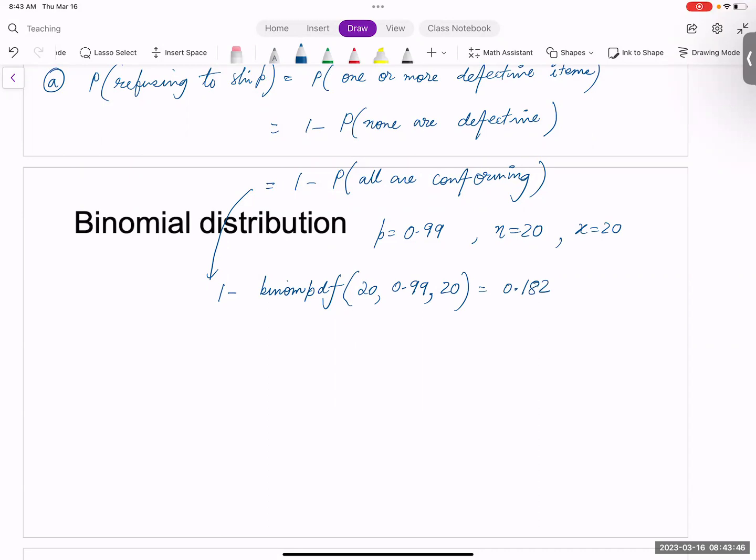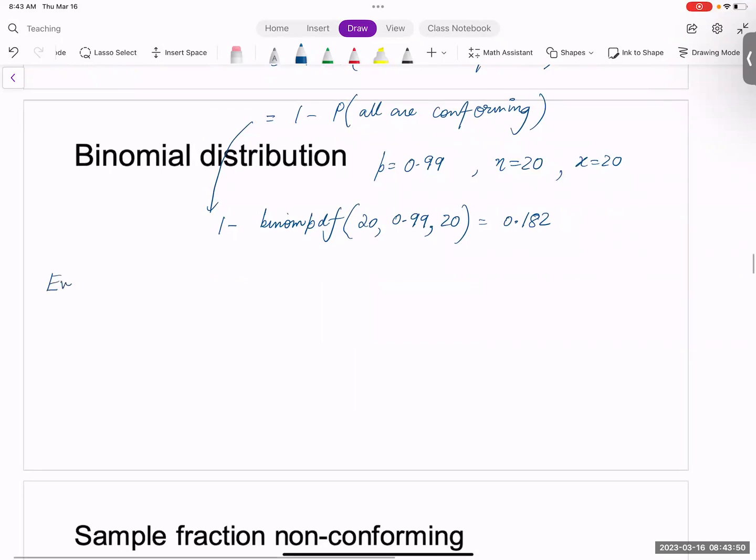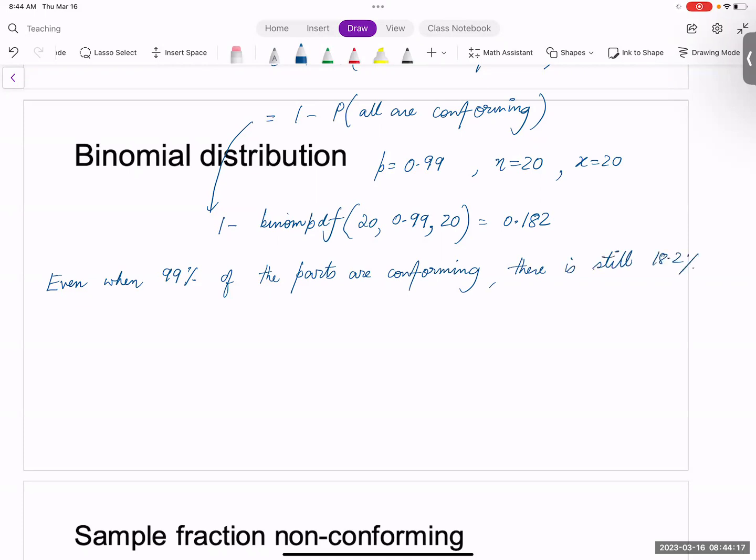So if I have to write this down and phrase it up, I would say, even when 99% of the parts are conforming, or meet specifications, there is still 18.2% probability, or 0.182 probability, that the inspector will not ship the lot.